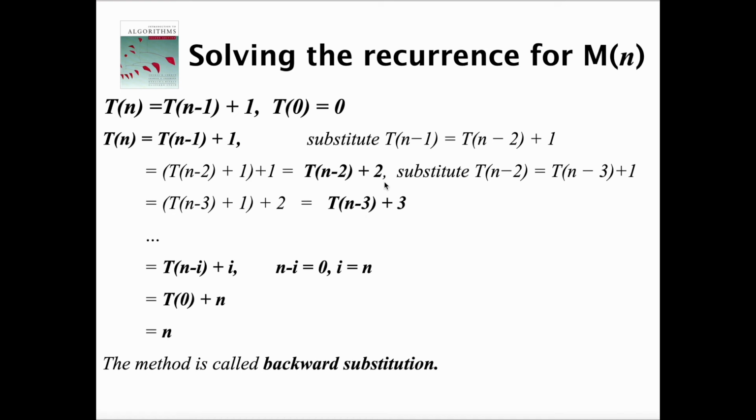Okay, so next is we substitute t of n minus 2 naman using t of n minus 3 and so on. So if we try to do it for t of n minus 4, minus 5, and so on, makakakuha tayo ng pattern how we can represent t of n in terms of i.